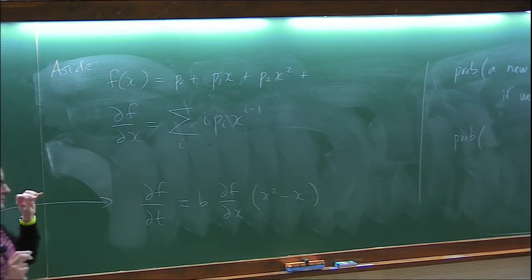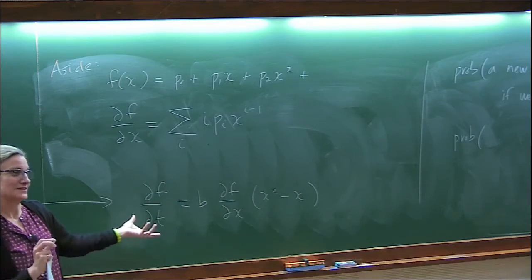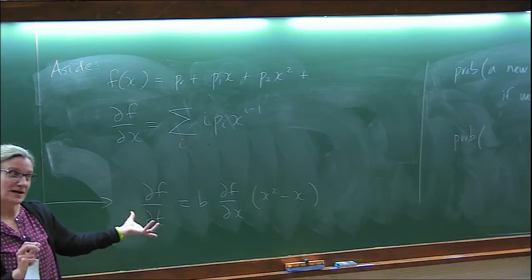So we don't have the probability generating function, but we have a partial differential equation that describes the probability generating function. And if we could solve it, we'd have it, et cetera.